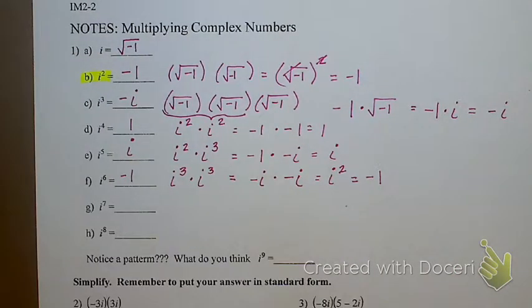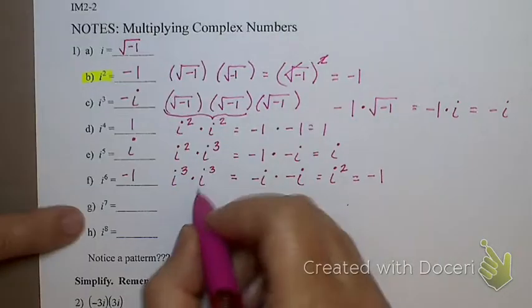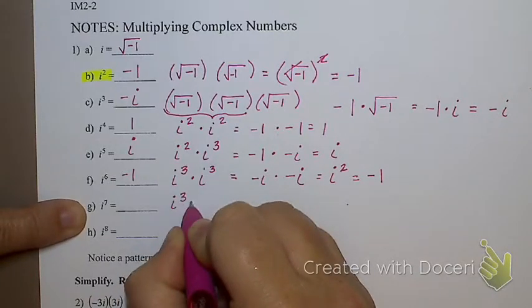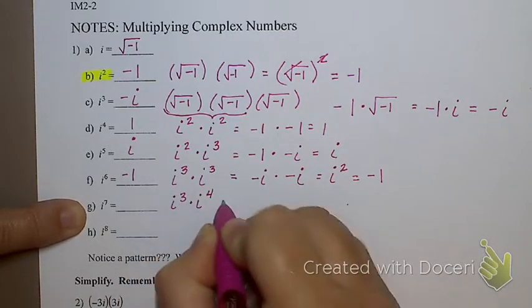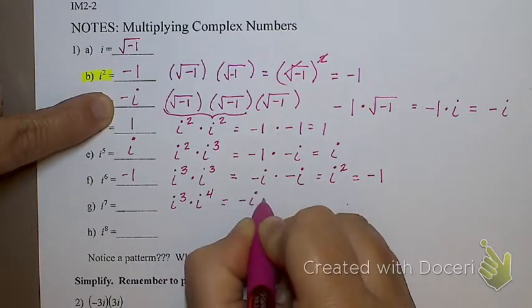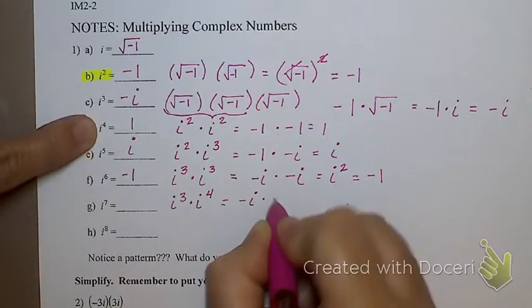This is weird. Huh. All right, i to the 7th. I'm going to do i to the 3rd times i to the 4th. Okay? What is i to the 3rd? -i. What is i to the 4th? 1.